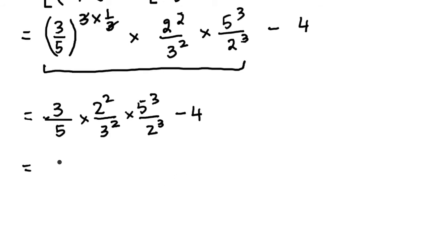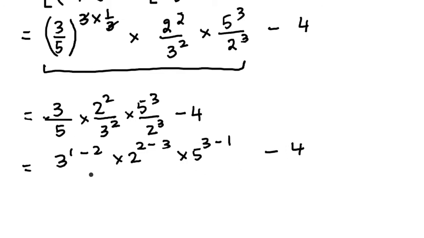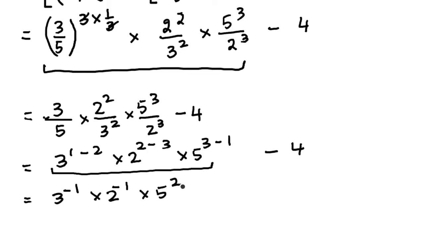That will give us 3 to the power 1 minus 2 because of this division, multiplied by 2 to the power 2 minus 3 because of this division, and multiplied by 5 to the power 3 minus 1 because of this division, and then that minus 4. Remember, this is now one term. So it will be 3 to the power minus 1 into 2 to the power minus 1 into 5 square, and that minus 4.